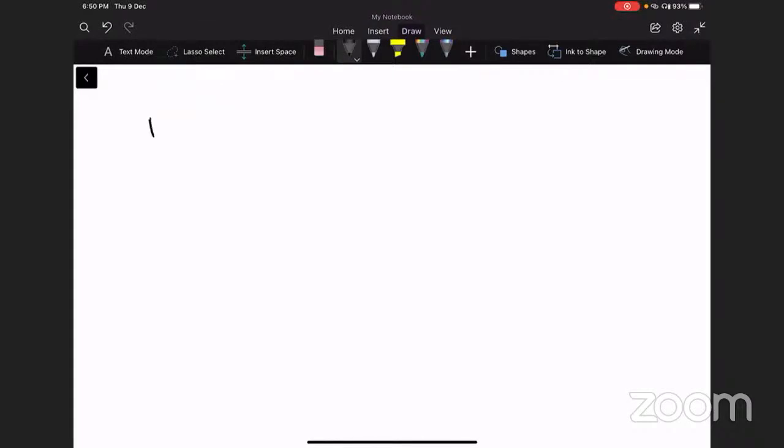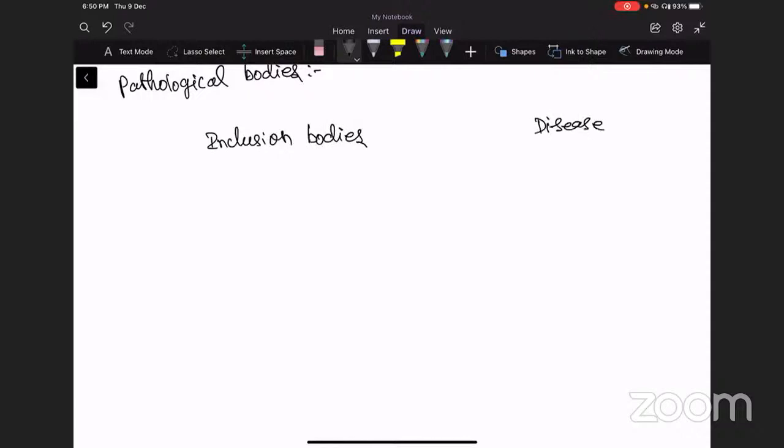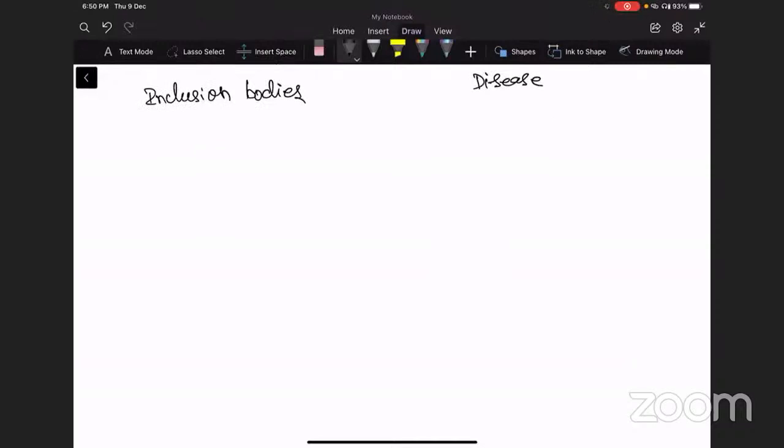Next, we'll move on to some important pathological bodies. Inclusion bodies and the disease. LD bodies or the Leishman-Donovan bodies.